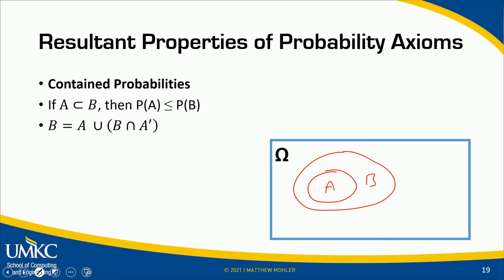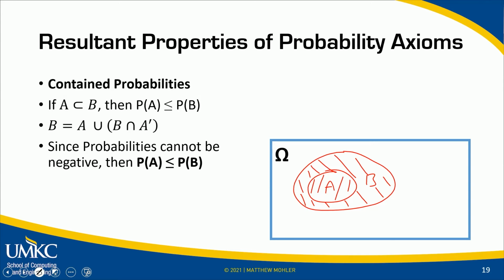So we're going to say it's all of A, this area right here, plus or unioned with the area that is B intersected with A complement. So A complement is everything outside of A. That intersection with B is going to be all of this space out here. This area that is not A, but part of B.